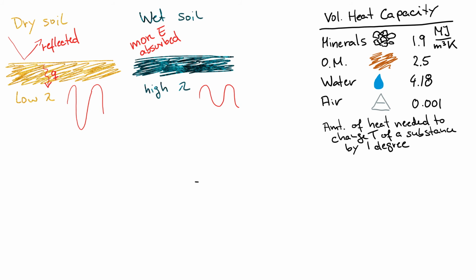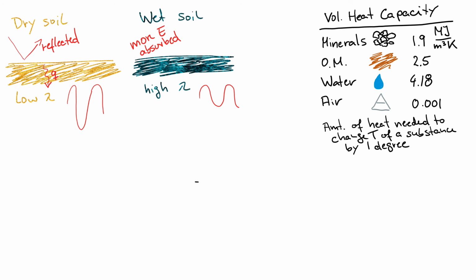So it's not just about how fast we can move heat energy in the soil, but also, in order to actually see a temperature response, how much of this heat input is going to be stored before we see a change in temperature.